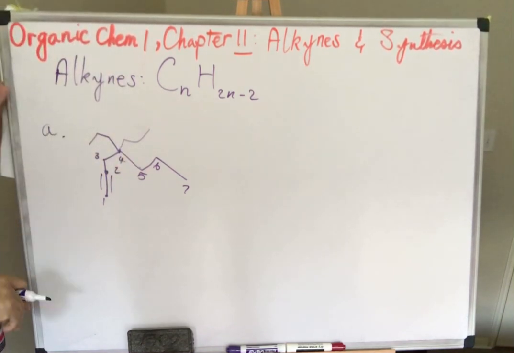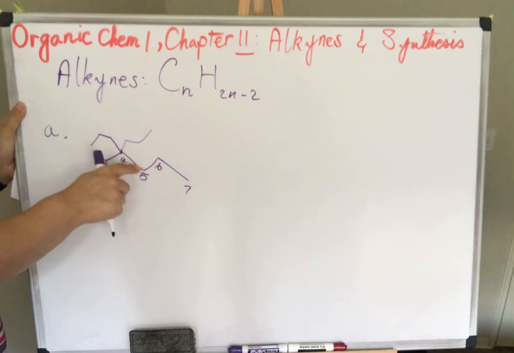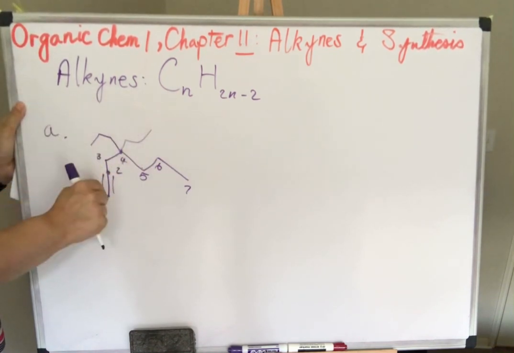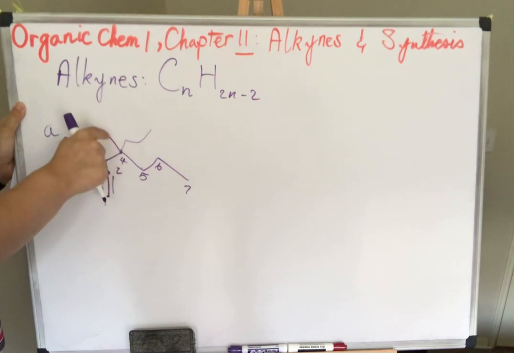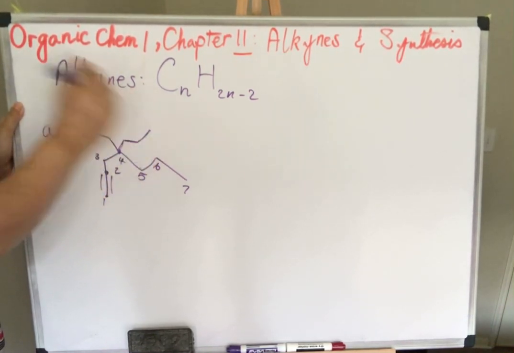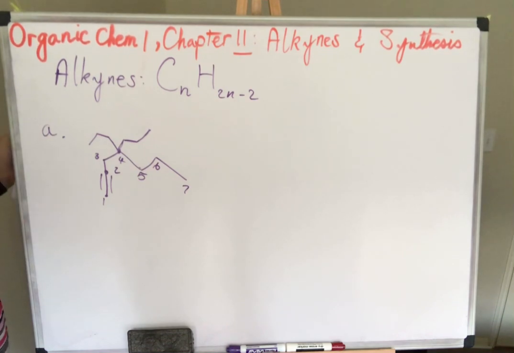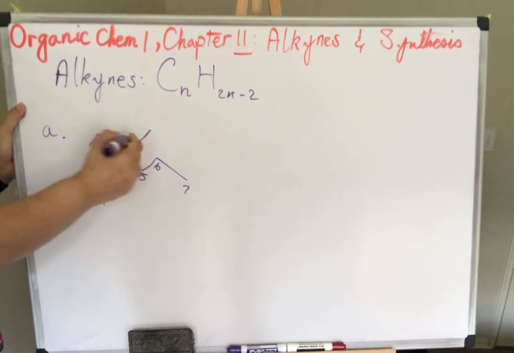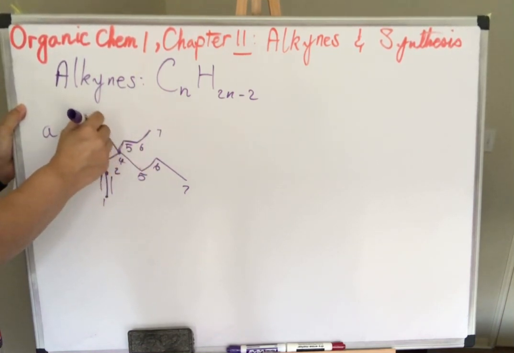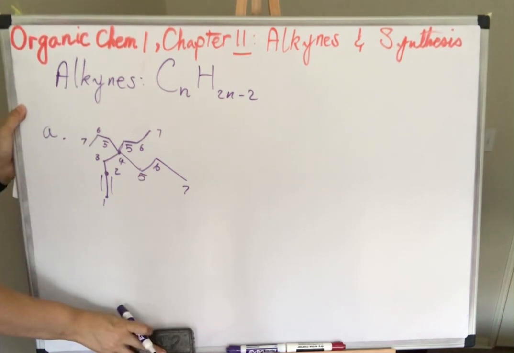Okay, now. So 1, 2, 3, 4, 5, 6, 7. So we go either this way or this way or this way.